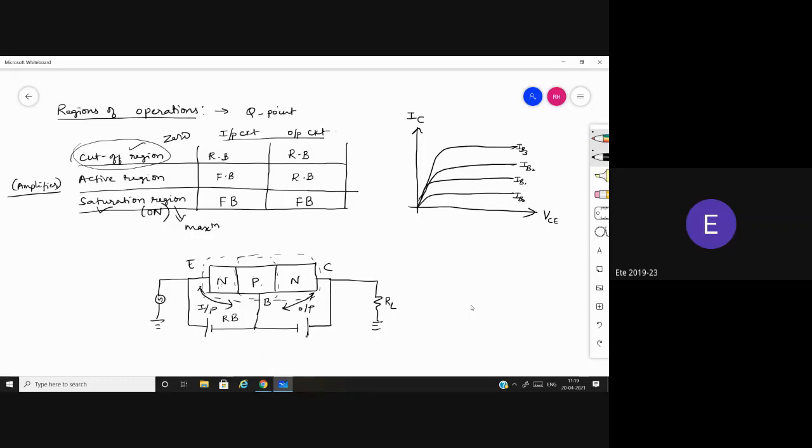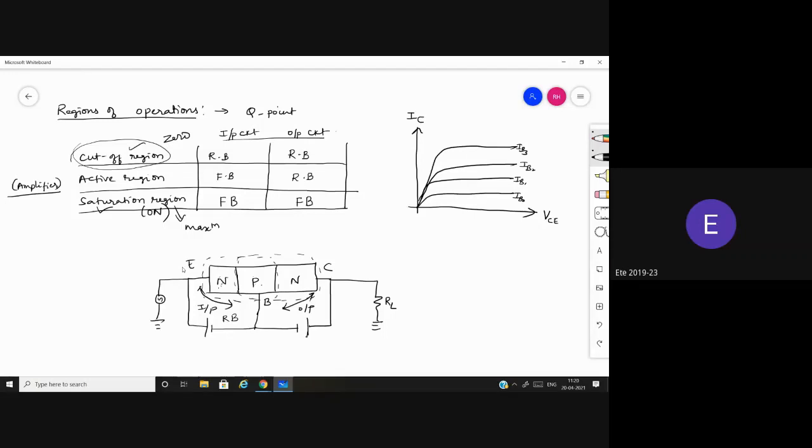In which mode I have connected? Common emitter, sir. How do you connect common emitter? The base current controls the collector current at a constant collector emitter voltage. Good.